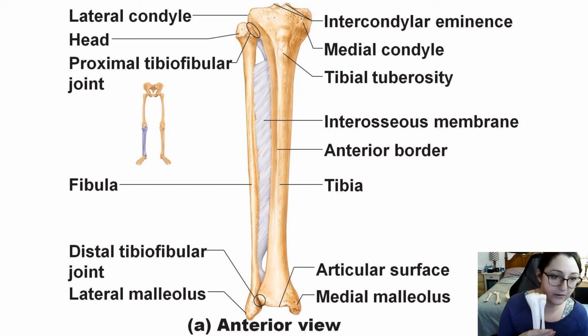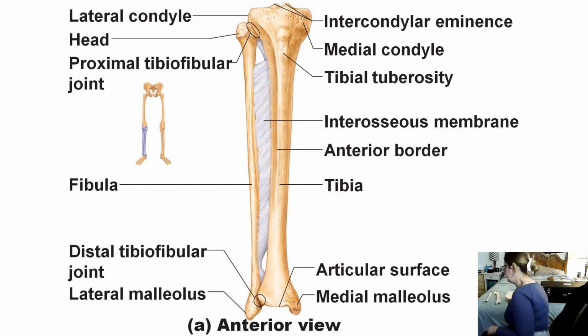And there may be a few other structures. The interosseous membrane is going to be a membrane that is going to connect the two. You also have an interosseous membrane that is going to connect your radius and your ulna. So you'll notice that the upper limbs and the lower limbs are very, very similar in their structure on humans. So our humerus and our femur are pretty similar.